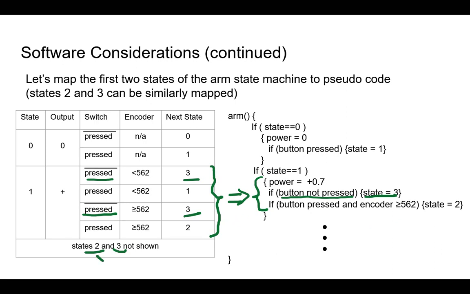I think state 2 looks a lot like state 1 transition, and state 3 looks a lot like state 0. And so you could just write the entire state machine this way. So I trust that from this you can see there's a very straightforward mapping from state machines to code.